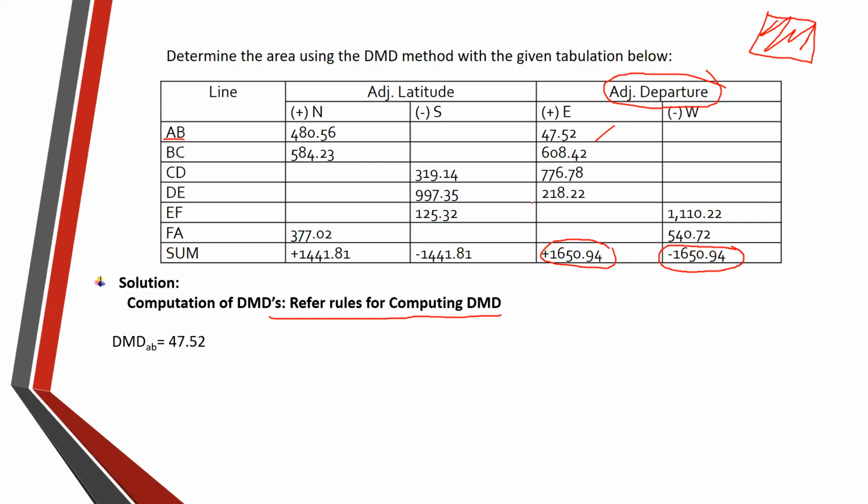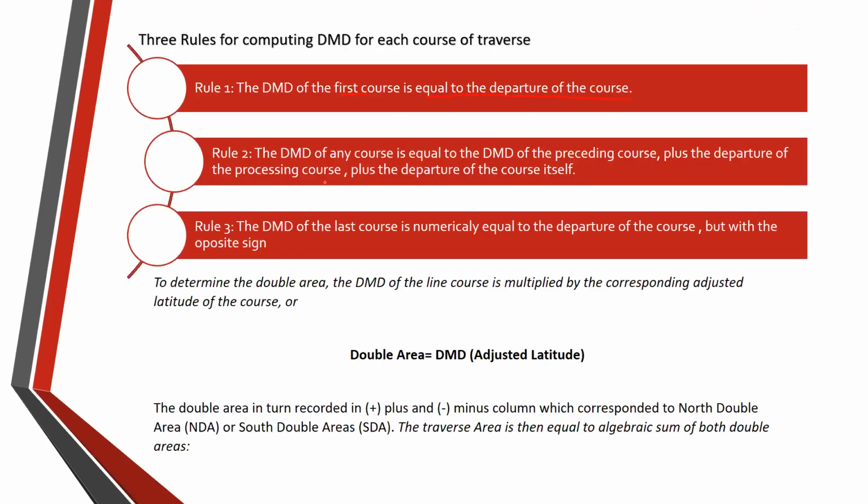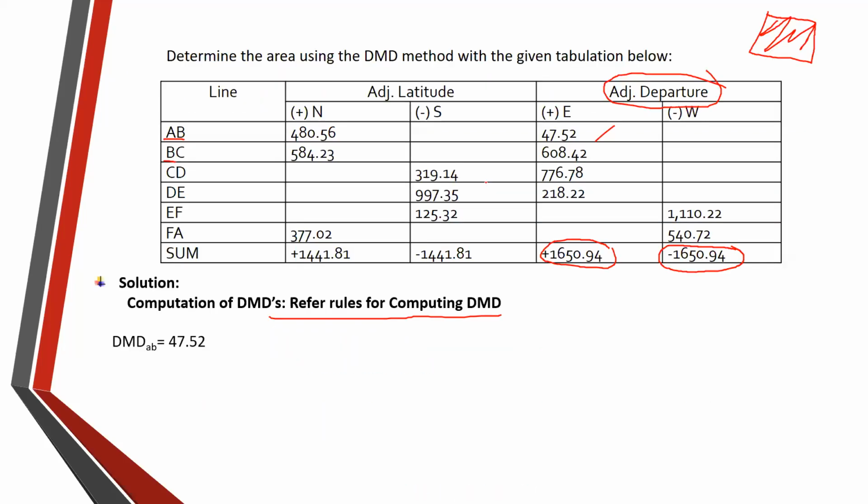Next is the DMD of the line BC. Based on rule number 2, the DMD of any course is equal to the DMD of the corresponding preceding course plus the departure of the preceding course plus the departure of the course itself. So we put DMD; according to rule number 2, it is equal to the DMD of the preceding course.